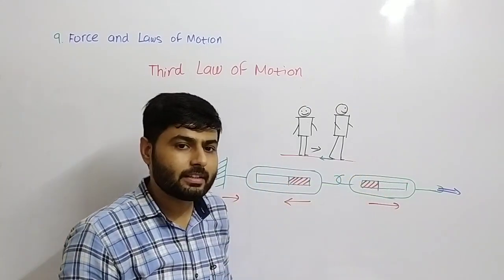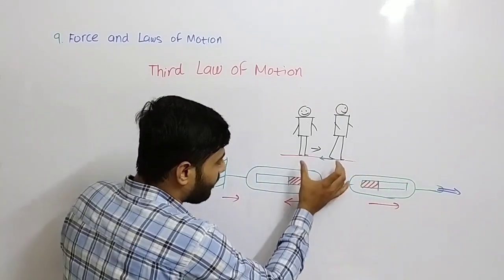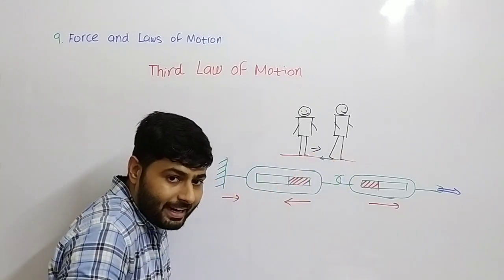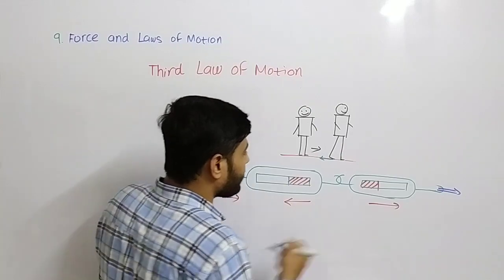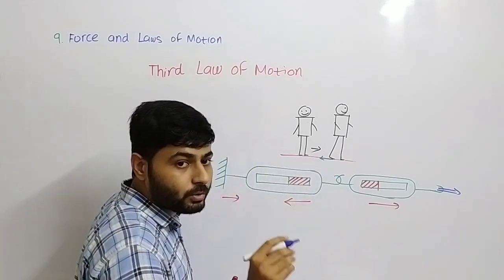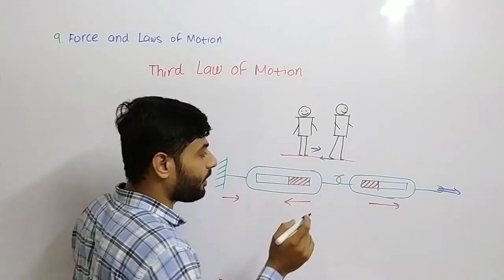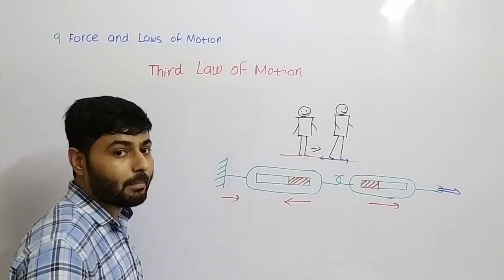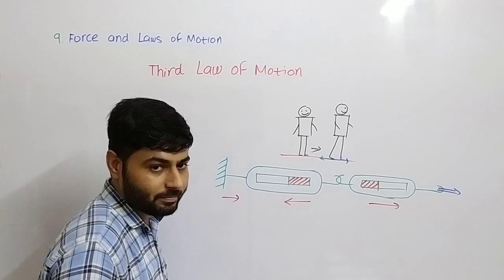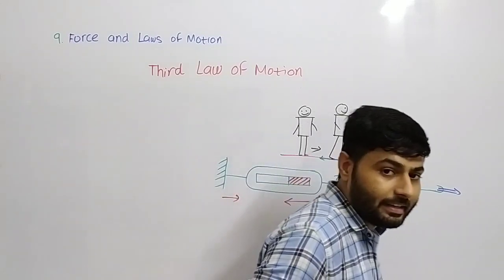And now we know that, can I move this floor back with my leg? No, I can't. So what happened? This floor also exerts force on me with the same magnitude but in the opposite direction. So I move ahead.